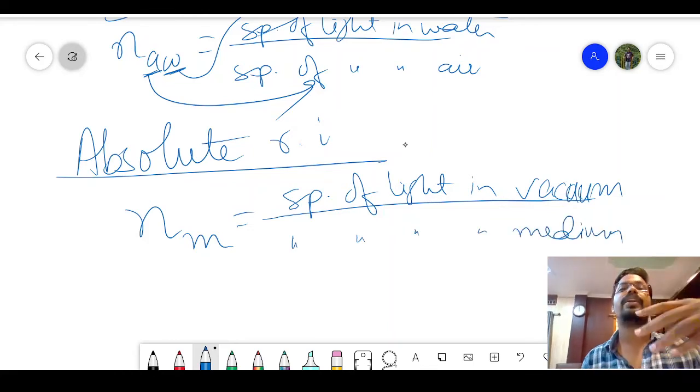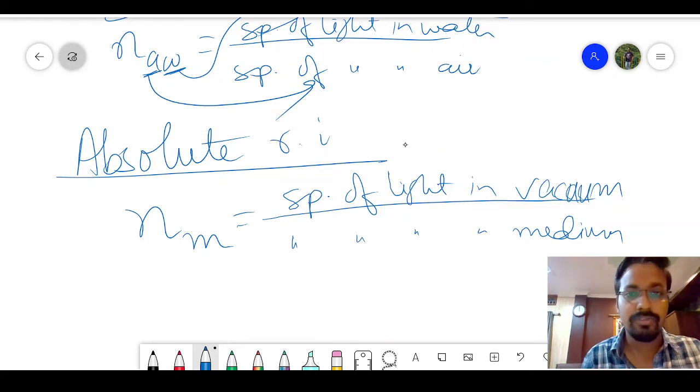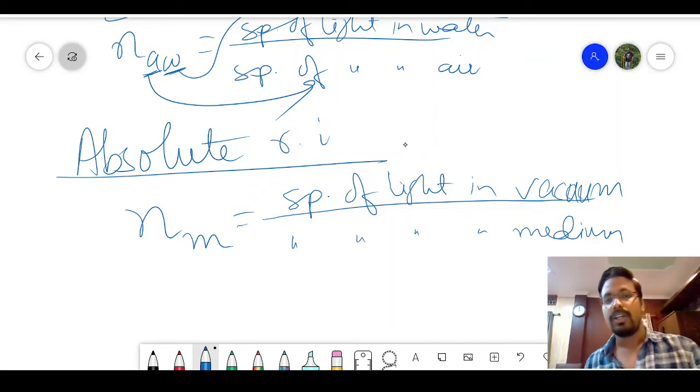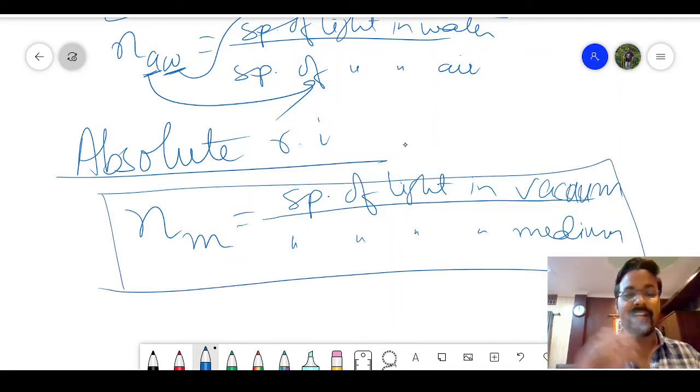Numerator vacuum, denominator medium, because obviously this is refractive index of medium with respect to vacuum, right? Obviously you don't write vacuum, but with respect to vacuum, so vacuum will be at the top, medium will be at the bottom. This is for absolute refractive index.